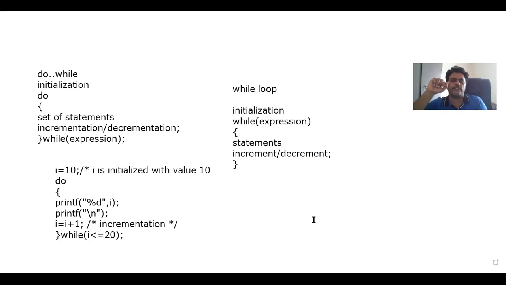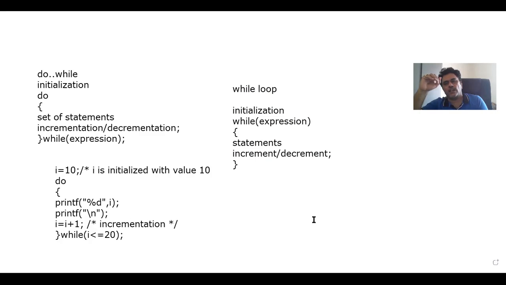That's why do while is called entry checking. Sorry, exit checking. So do while is called exit checking, and while is called entry checking. So in while loop, whenever you are starting to enter into the loop, it will check.